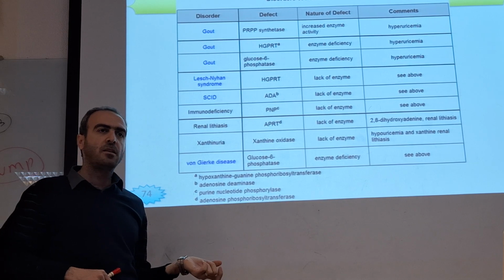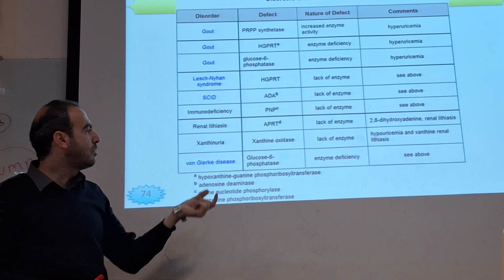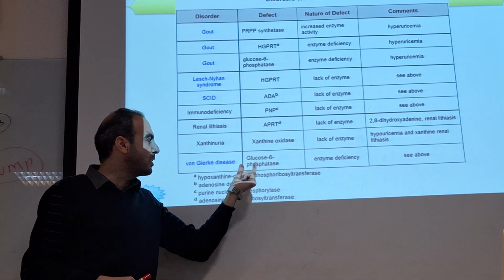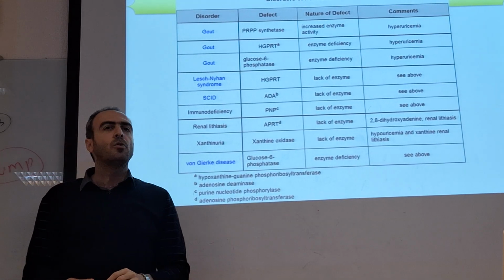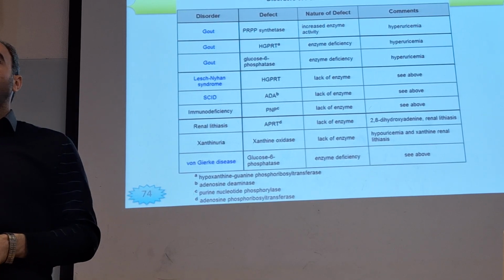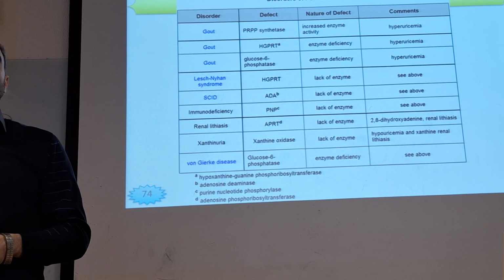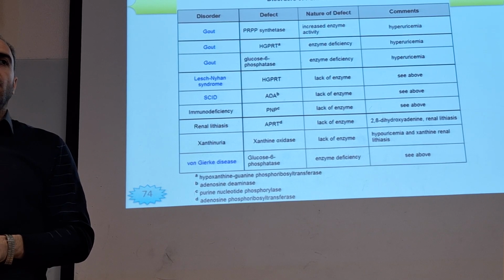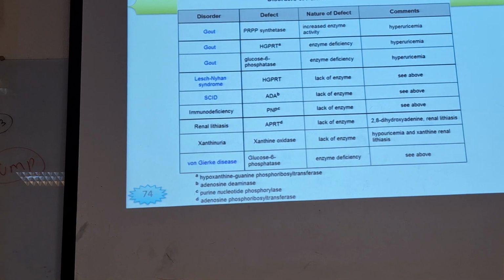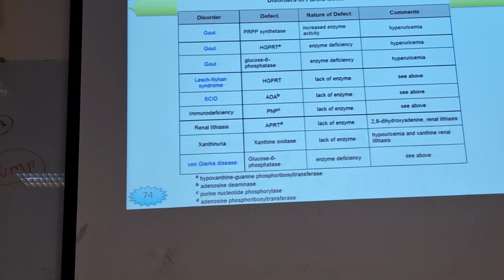Von Gierke, as I said, I again ask you: why Von Gierke, which is related to glucose 6-phosphatase deficiency? So it leads to what?